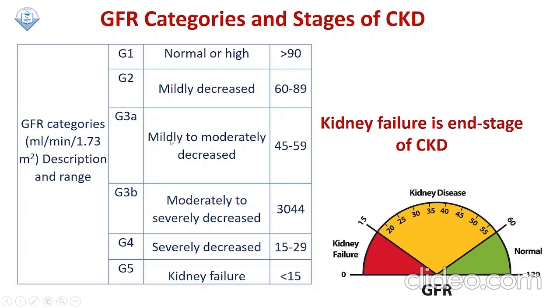A is mildly to moderately decreased, 45 to 59, and B is moderately to severely decreased, 30 to 44. Category 4 is severely decreased glomerular filtration rate, 15 to 29, and fifth is kidney failure, when GFR is less than 15.